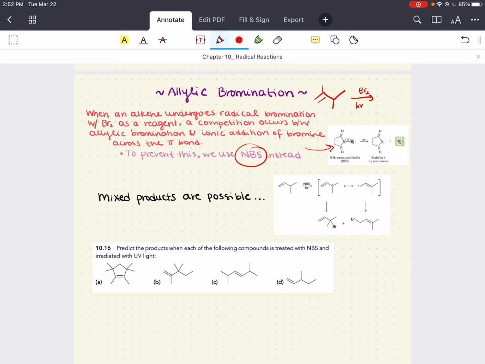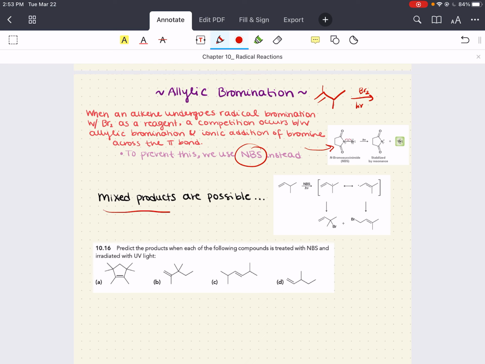If you only want to take an alkene and do allylic radical bromination, then you do not want to use Br2 as a reagent because you're going to have a competition between radical halogenation and just plain halogen addition. What you want to use is NBS so that you are only getting the product for allylic bromination.